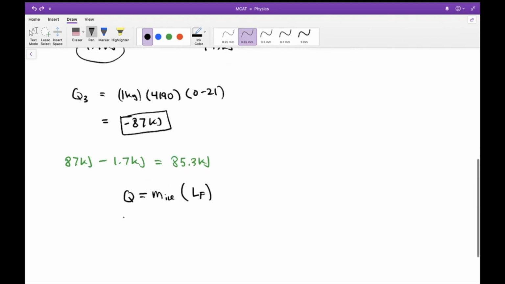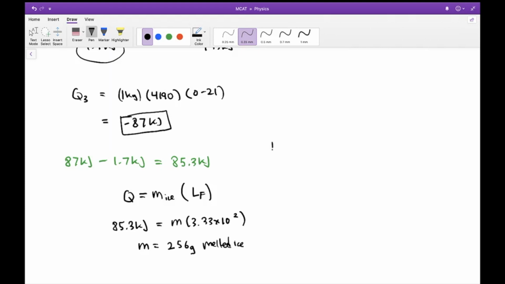For Q, we have 85.3 kilojoules, which equals the mass, which we're trying to find out, times the latent heat of fusion, which is this number right here, 3.33 times 10 to the 2. This gives me a mass of 256 grams. So this number is actually the amount of ice that is melted.